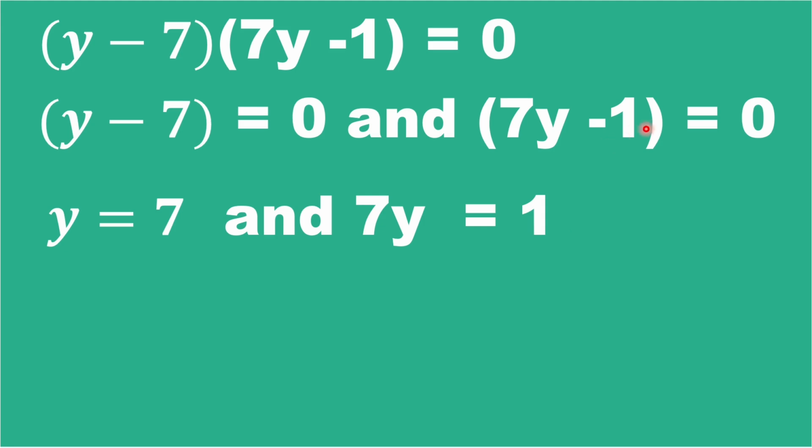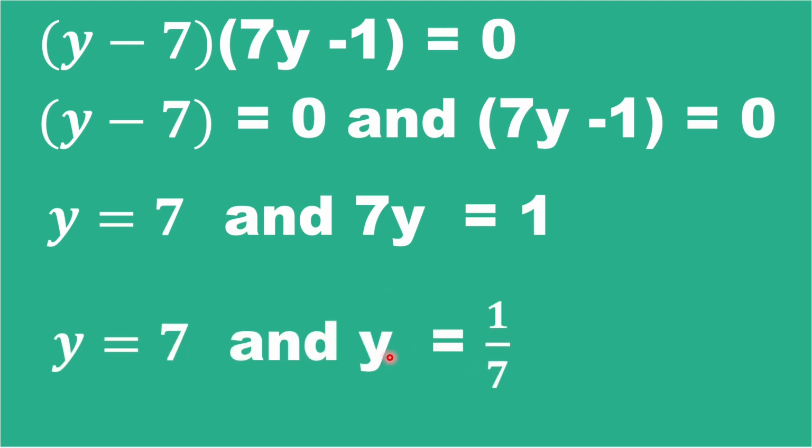Here it is minus, so when it is shifted to the other side, its sign will be changed and it will become plus. And now here we can divide this equation by 7 on both sides, then we have the value of y equal to 1 divided by 7 here, and here y equal to 7. Now we have two values of y.